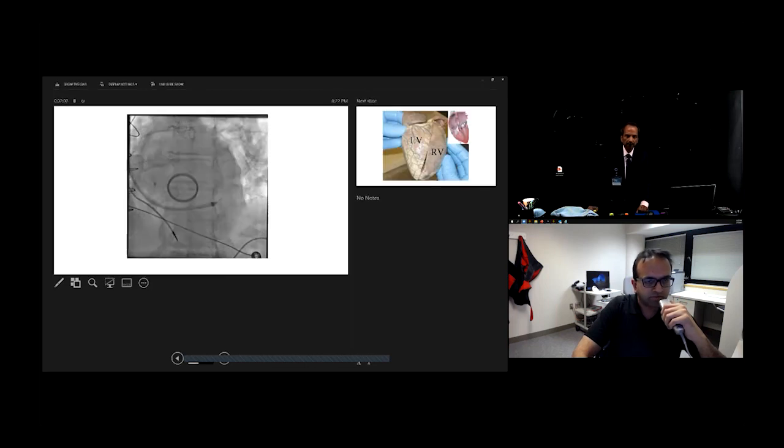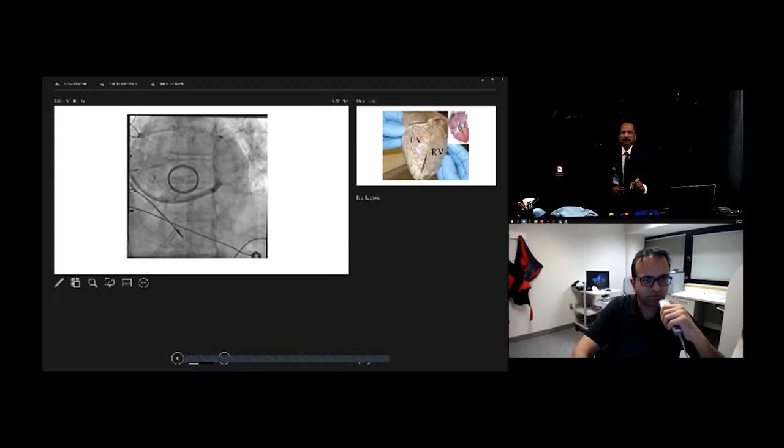So in this picture, at least you can see it is going very superiorly. I initially thought this could be the Thebesian vein, but it certainly could be a vein which you pointed out, which could be following the left sinus nodal artery going along the roof of the left atrium. That is certainly possible.